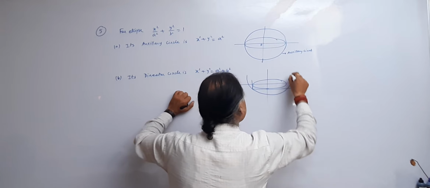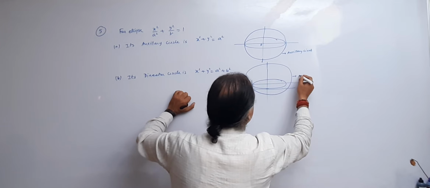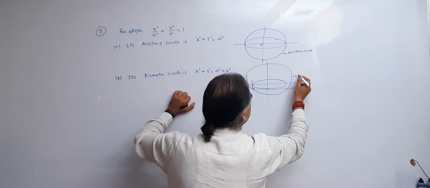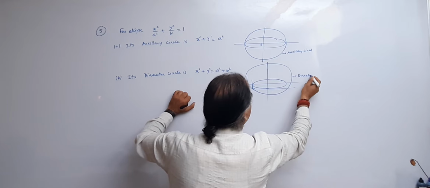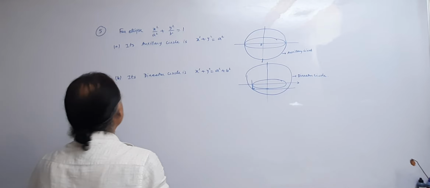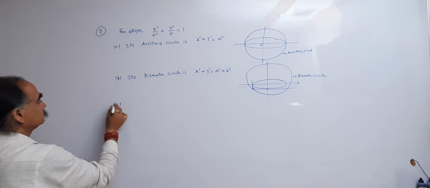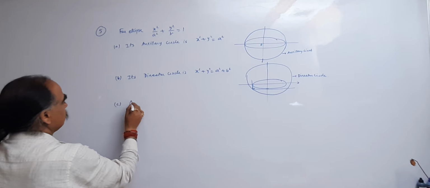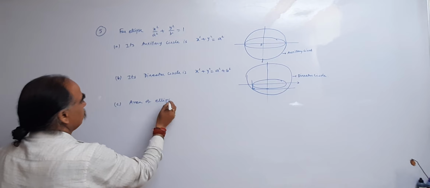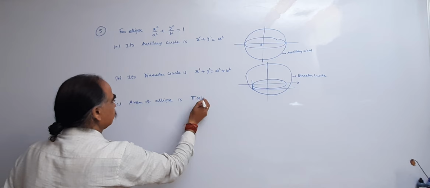This is the director circle. Area of the ellipse is pi ab.